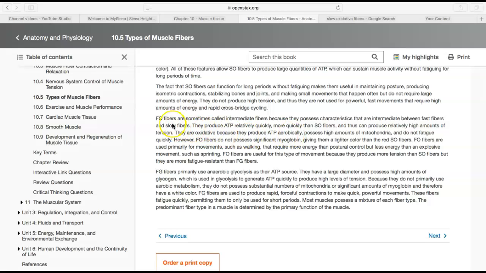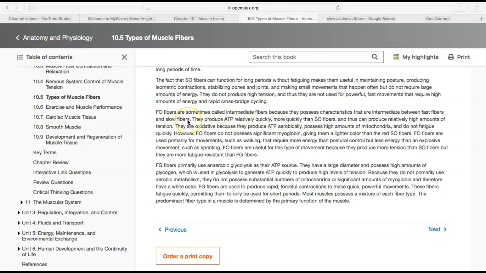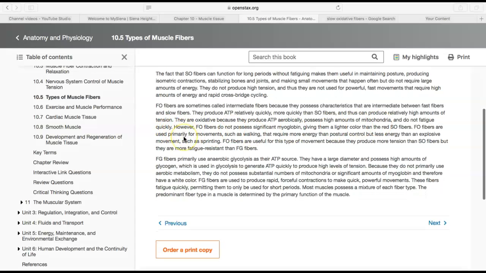Those fast oxidative fibers are sometimes called intermediate fibers, and it kind of makes sense because they're fast, not slow. They're oxidative, but they can also go into anaerobic respiration. So they produce a lot of ATP because they can do that aerobic respiration. They have a large amount of mitochondria to do so, and they don't fatigue quickly because of it.